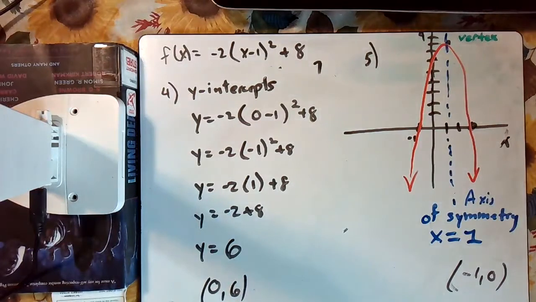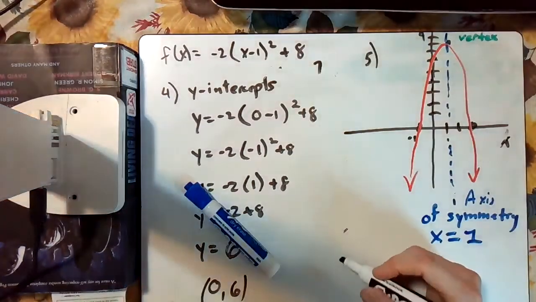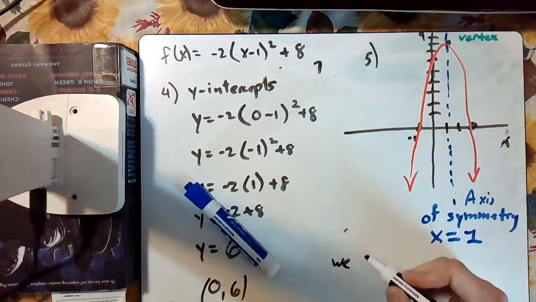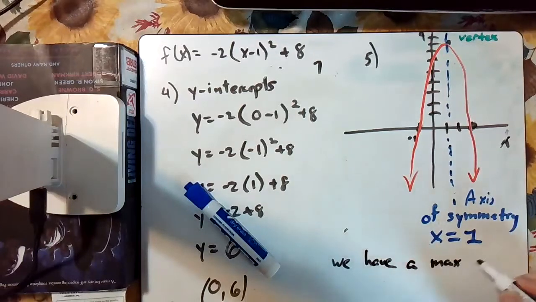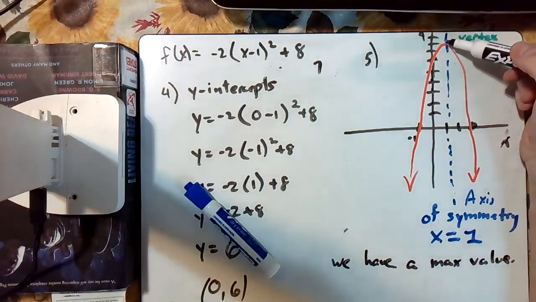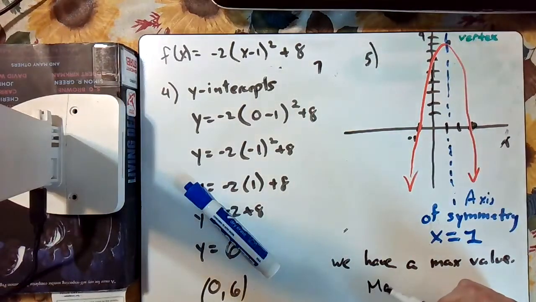Now, the next part was, oh, what's the min or max value? Well, in this case right here, we have a max, right? A max value. Why? Because the parabola opens down. This is the highest point right here, so it's got to be the max. What is that max value? It's always the vertex.